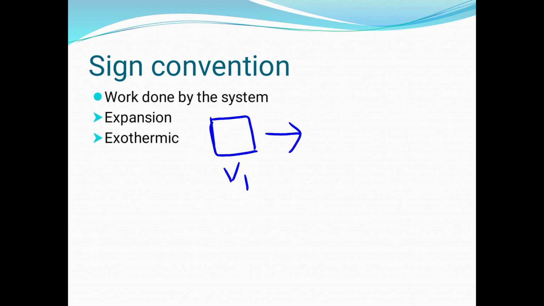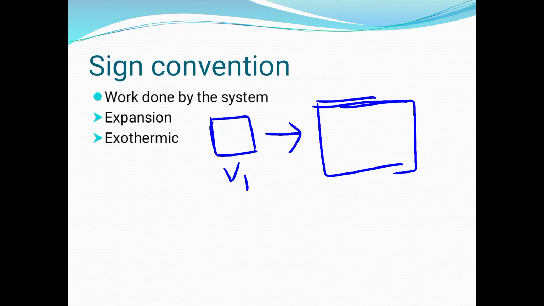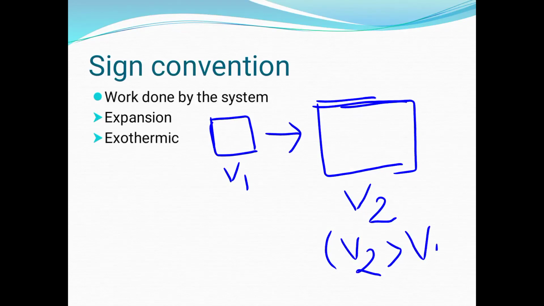So whenever you do some work, you achieve something, isn't it? When you see achievement, it is something big. So you see an increase in the volume, which I denote by V2. Now we know that my volume V2 is greater than my initial volume V1.